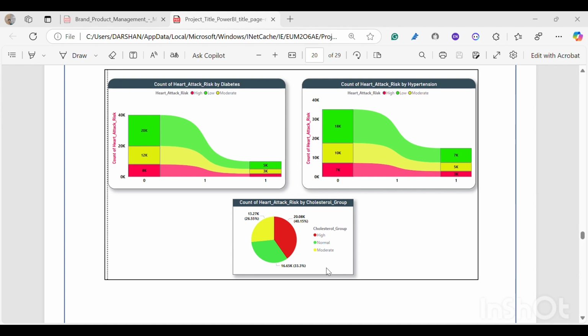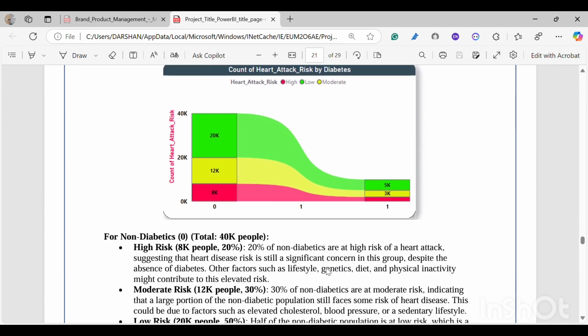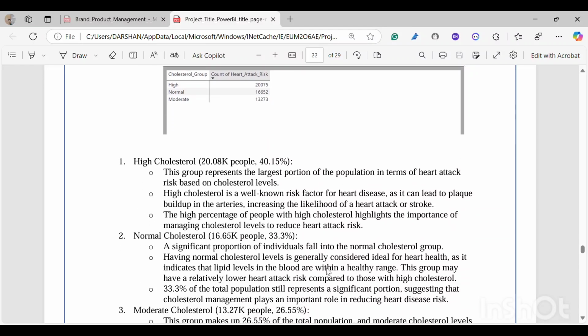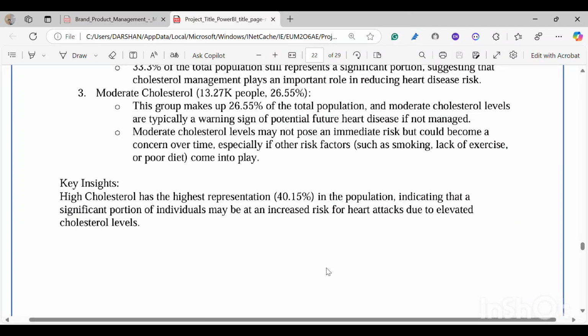I also mentioned in my report that the key insight is that high cholesterol has the highest representation in the population, indicating that a significant portion of individuals may be at higher risk of getting a heart attack due to elevated cholesterol level.